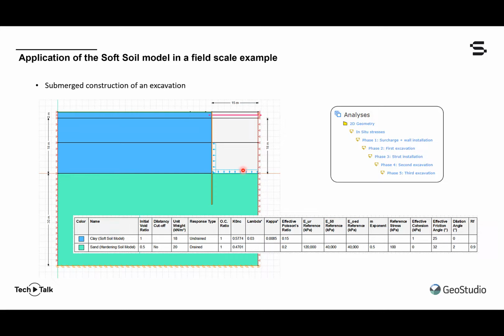And you maybe saw as the animation progressed that a hydrostatic boundary condition is being applied to the newly exposed ground surface after each subsequent excavation phase in order to put the water back.